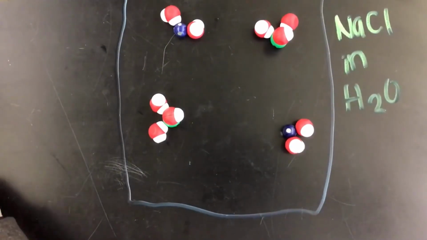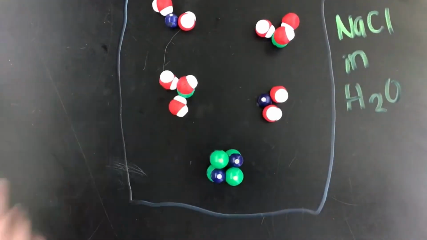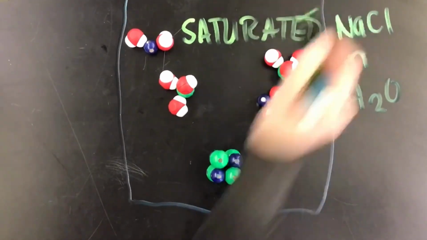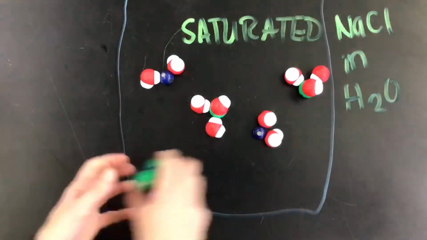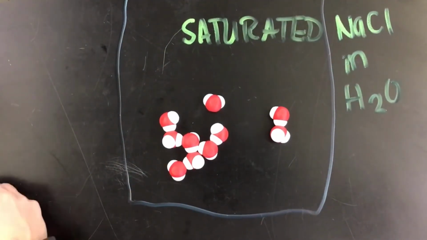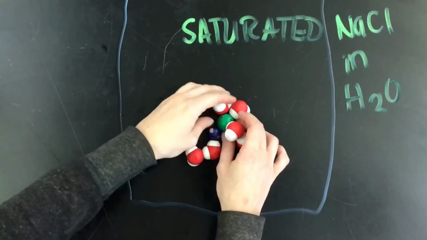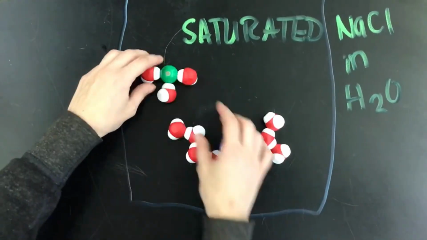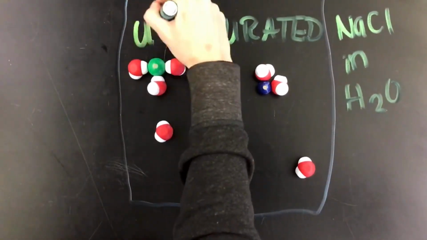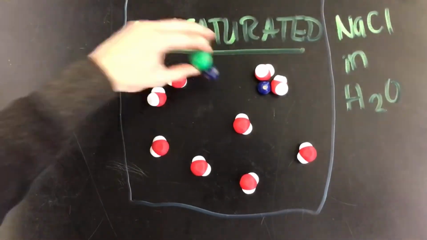The solution is saturated if all of the available solvent, in this case water particles, are busy and cannot come and break up any more of the added solute. Now, if I were to add some NaCl, have it dissolve, and still have some water molecules left over and available to dissolve more salt, this would be unsaturated. I still have water molecules that can do more dissolving.